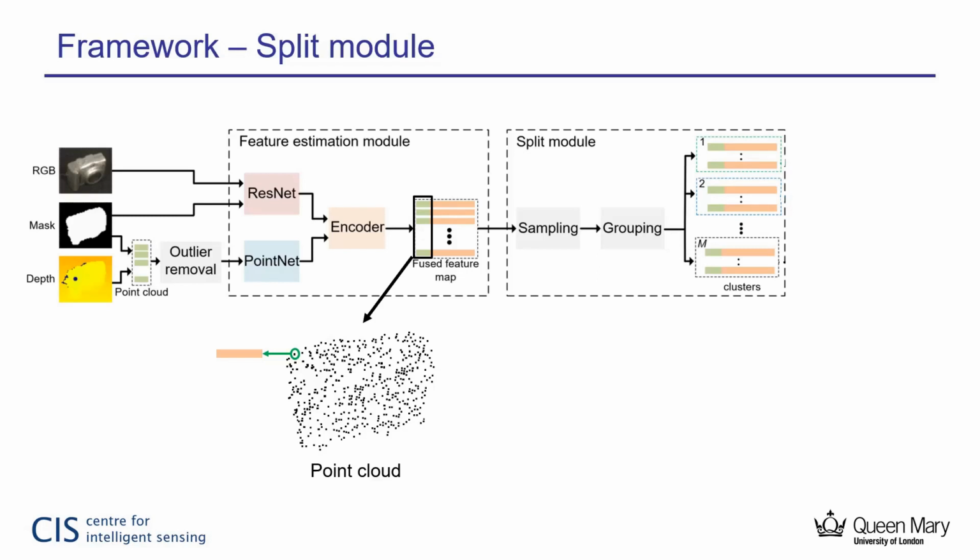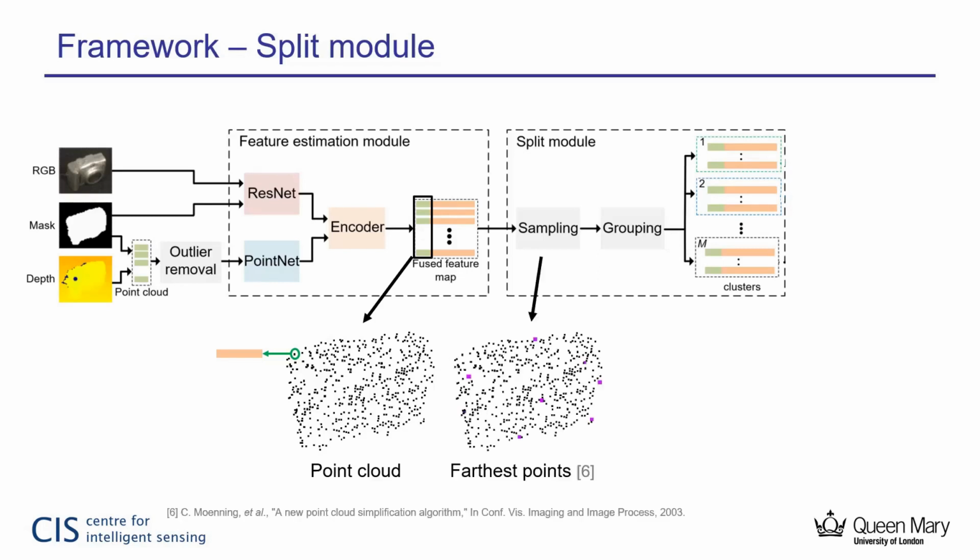To achieve the split module, we first need to sample some initial points from the point cloud and find nearest neighbors for each initial point and group them into a cluster. As a result, we can split the object into several clusters, and each cluster contains local features of the object.